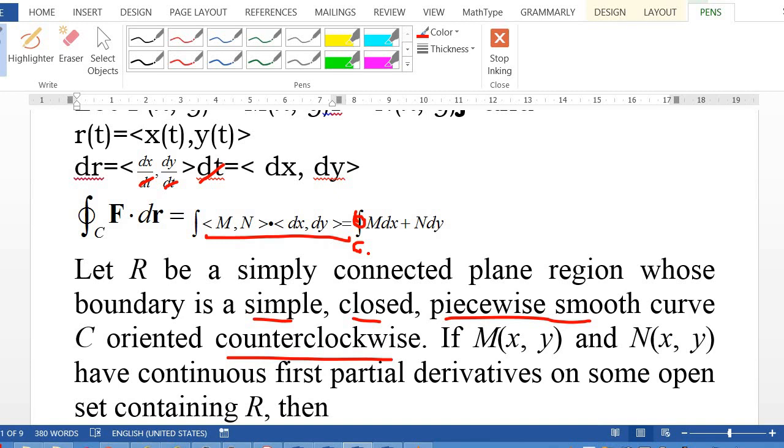However, if the curve is closed and oriented counterclockwise, then you can use Green's theorem.